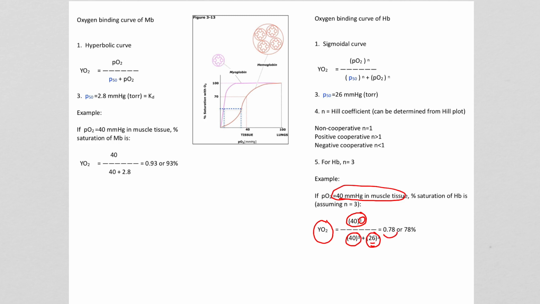When we calculate this, we get about 0.78, or 78%. So unlike myoglobin, where 93% is bound by oxygen at a PO2 of 40, for hemoglobin only 78% is bound by oxygen at a PO2 of 40 millimeters mercury.